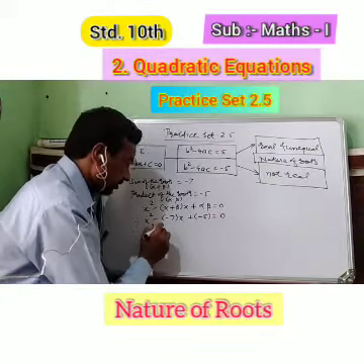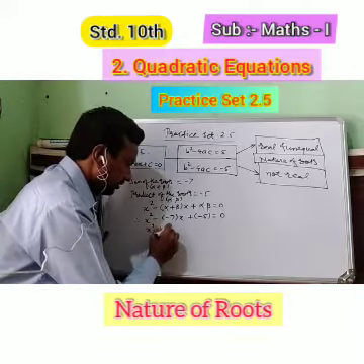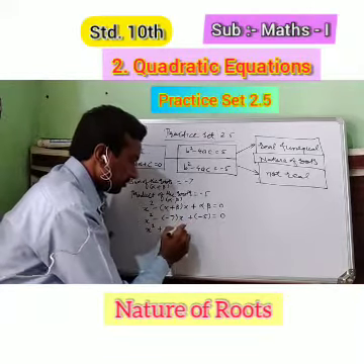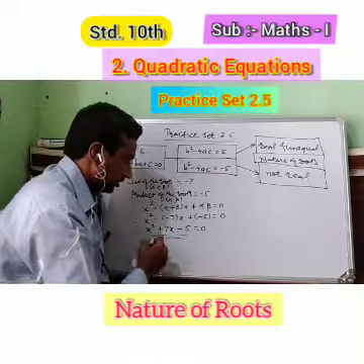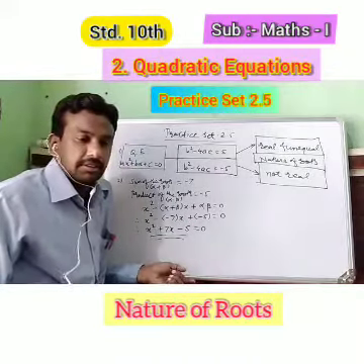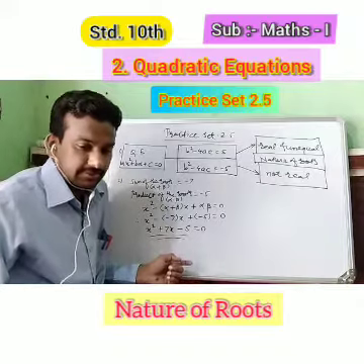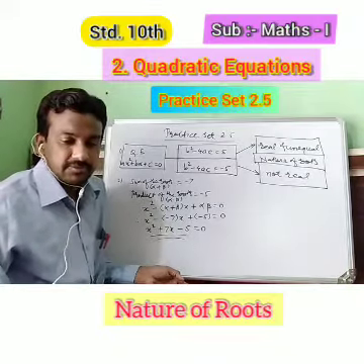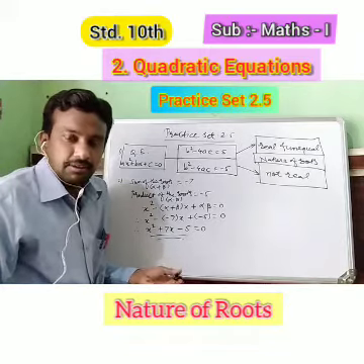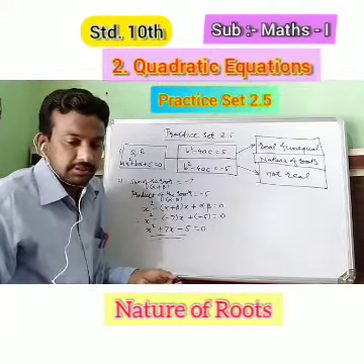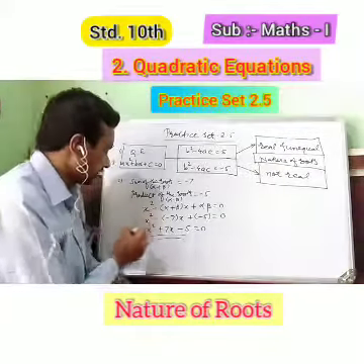Now x square minus minus becomes plus 7x plus minus becomes minus 5 equal to 0. This is the required quadratic equation. Got it? Okay.